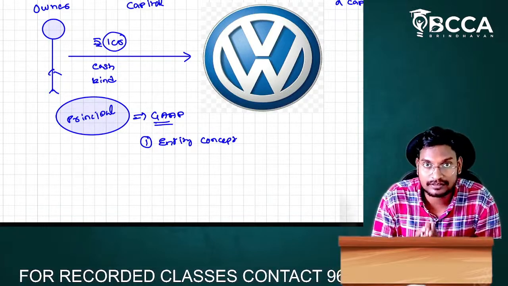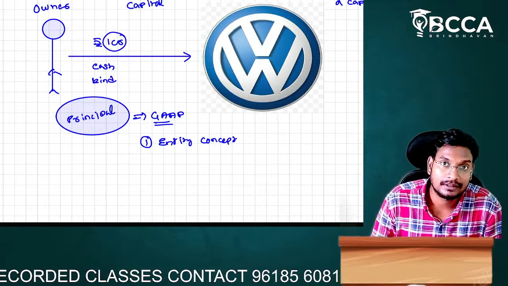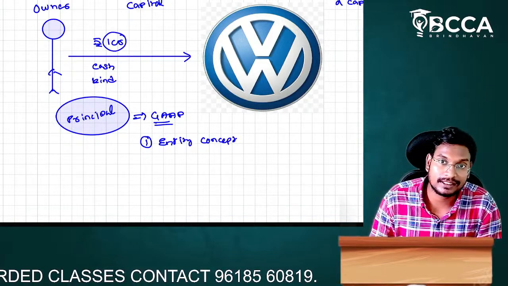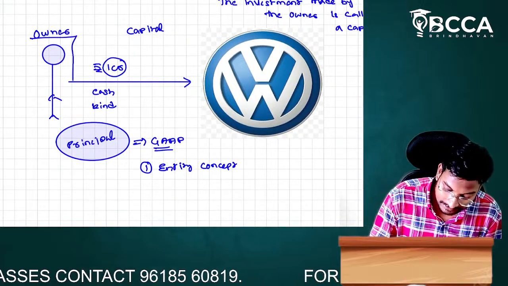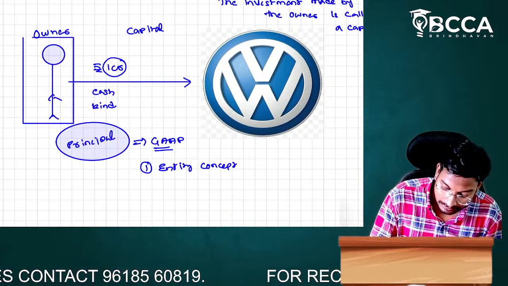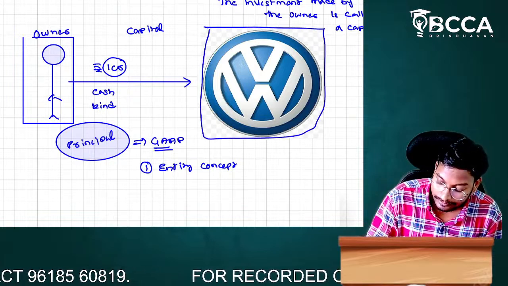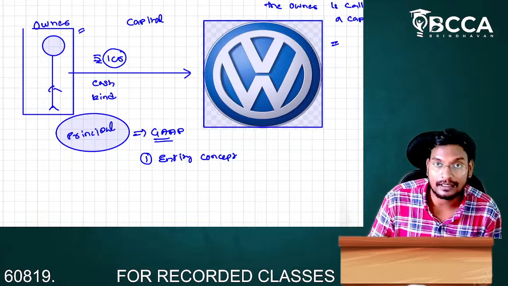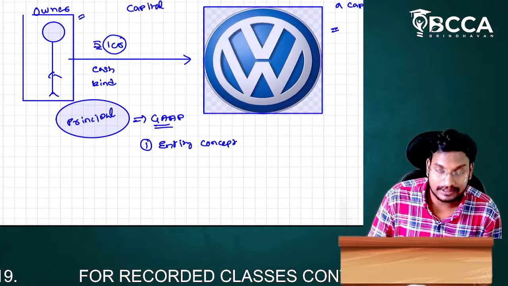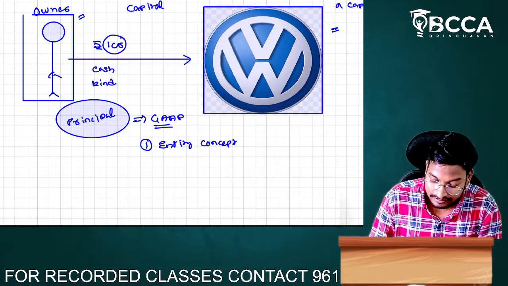What is the meaning of entity concept, sir? The entity concept means the business and the owner are separate persons. Sorry, the owner is called a natural person and the business is called an artificial person. Are these both the same person or different persons? These both are different persons.